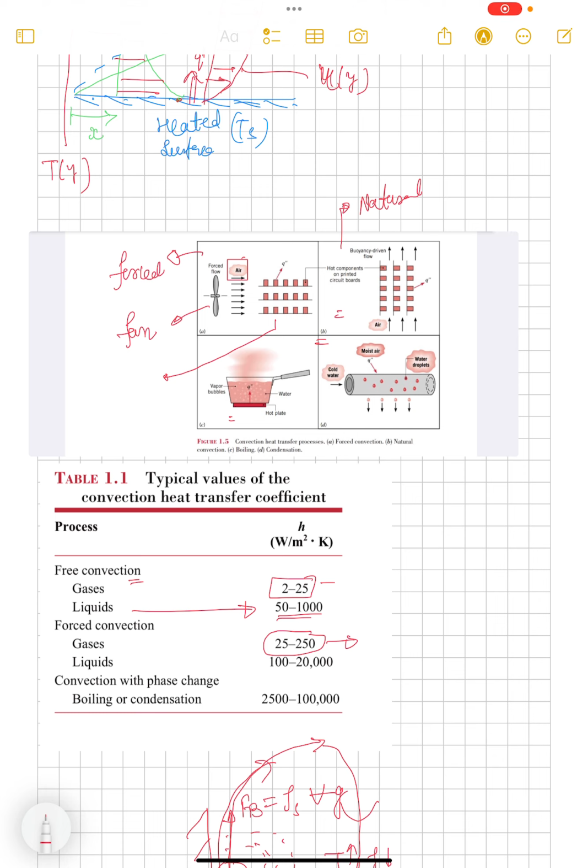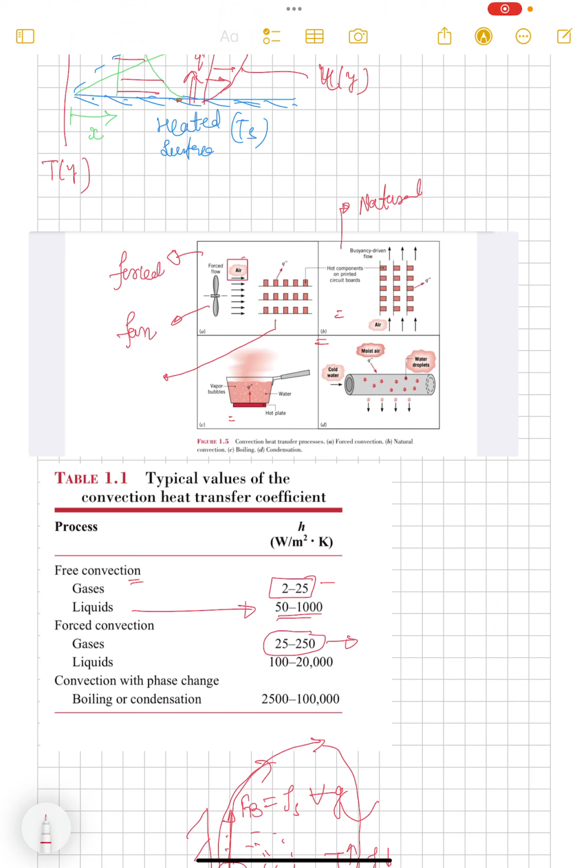They will rise by taking heat from the heater surface and burst into the liquid, and then many bubbles start forming one after another throughout the pan. This is boiling, and the opposite of this is condensation.